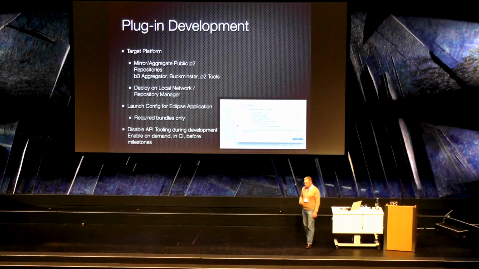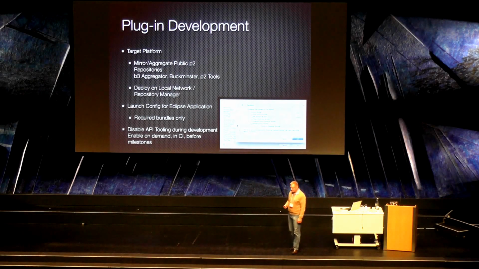Next thing, if you are working on plugin development, you know that you have a target platform which consumes the whole internet, especially eclipse.org downloads, release, whatever, and then 20 or 30 other update sites. This takes time to resolve the target platform, and if you use Tycho and use this as a target platform in the build, then you're waiting minutes before the actual build starts.